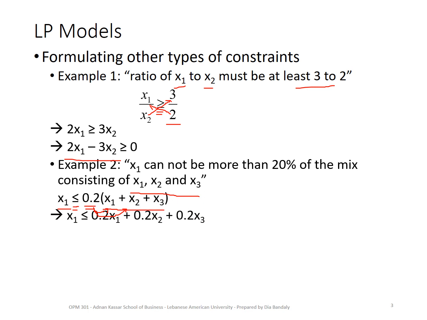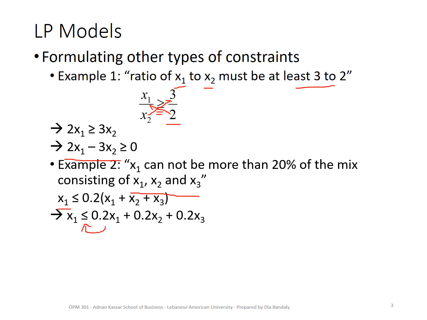Let me erase so that you can see the next step. As I told you, we are multiplying 0.2 by each one of the elements inside the parentheses. And this is not enough. I want to bring all the decision variables to the left.